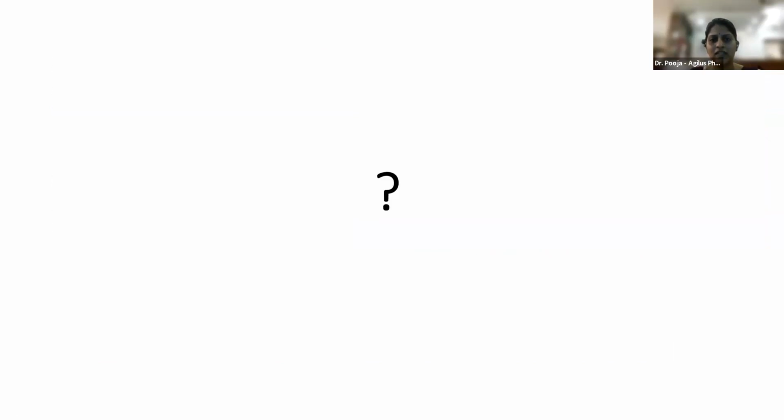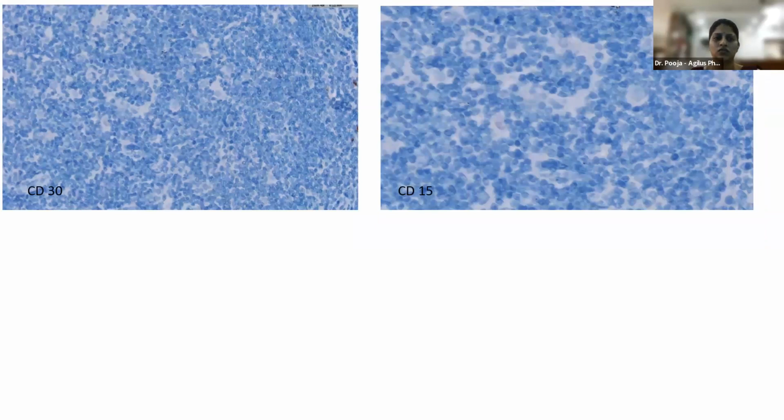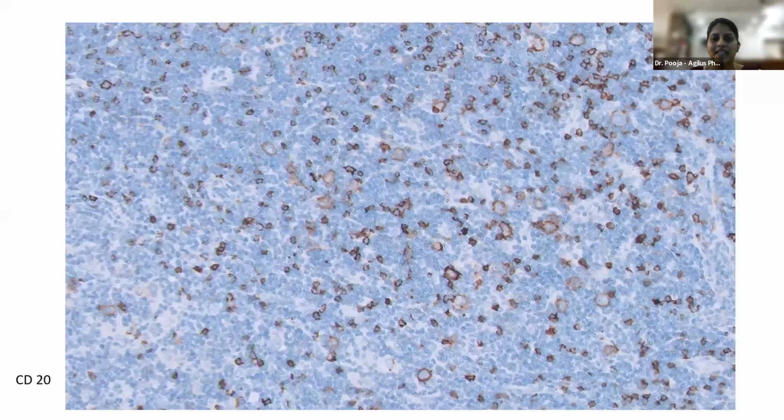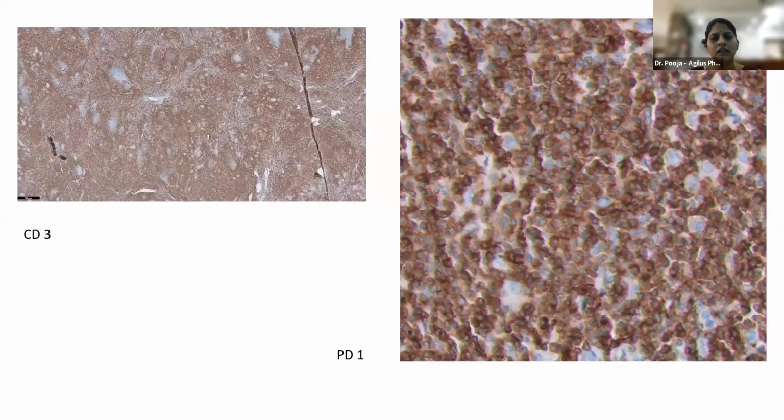So I'll just give the immunos. We did a CD30 and a 15. They were both negative in the large cells. The large cells were positive for OP2. And when we did a CD20, apart from the B lymphocytes, these cells were also positive for CD20. We did a T-cell marker, so we saw that the background picked up CD3 very well, and these T cells were also positive for CD1.